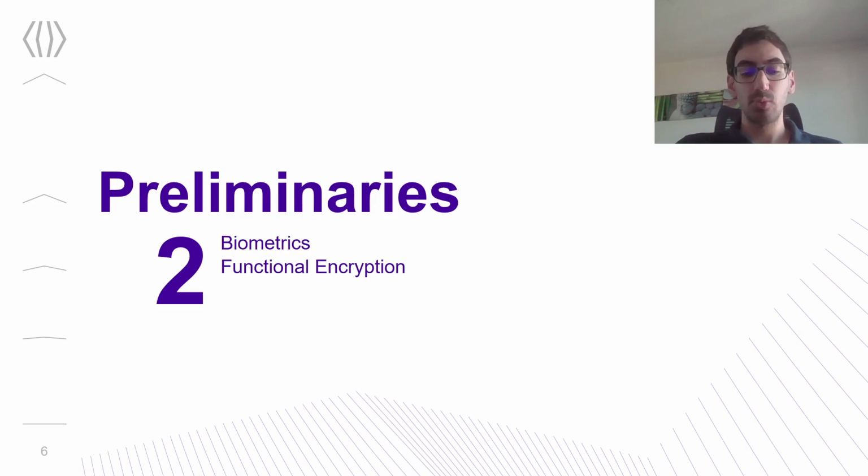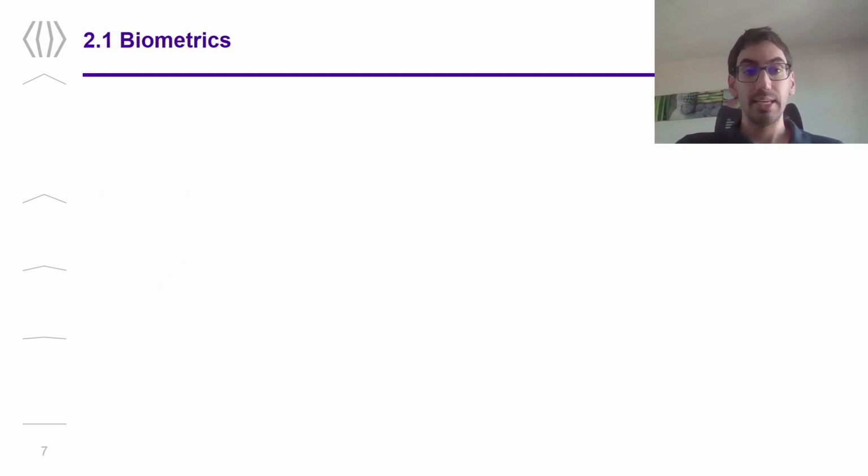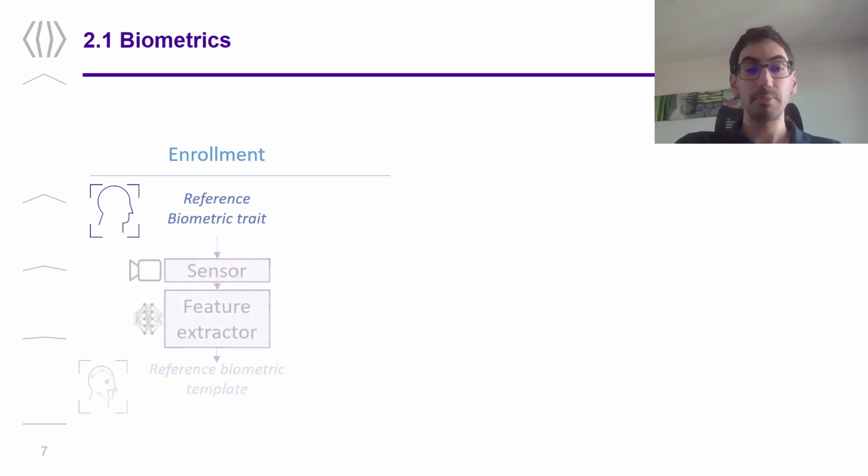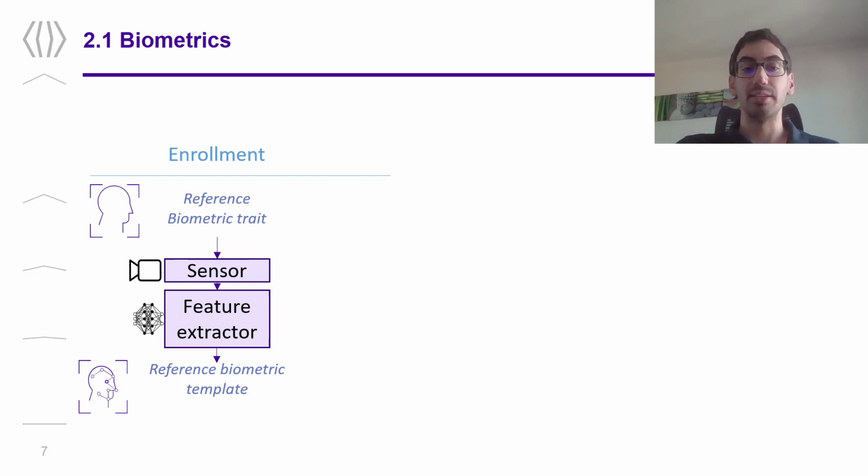Now, with this in place, we'll jump into the preliminaries. We'll talk about biometrics in a very generic sense, which is with a standard biometric system. The system would be composed of two distinct phases. First one would be the enrollment, where we're taking the reference biometric trait. In our case, this would be a face. We capture it with a sensor.